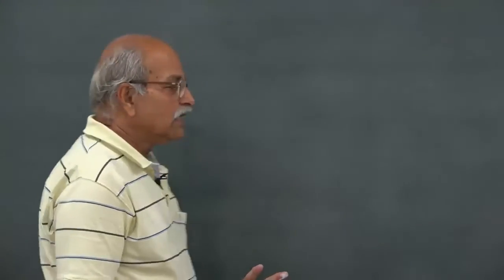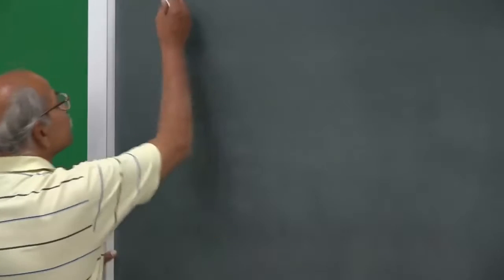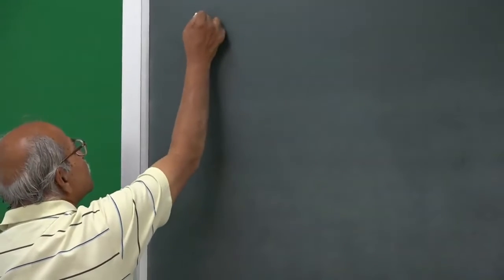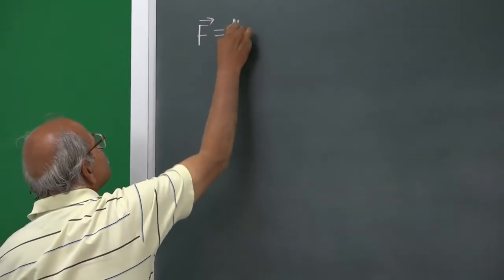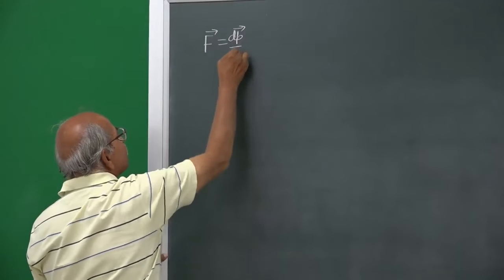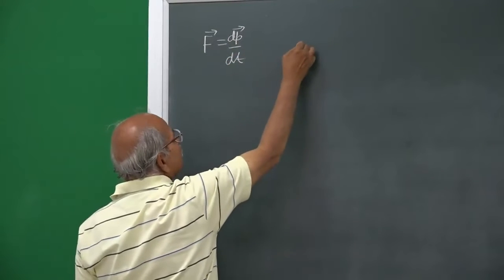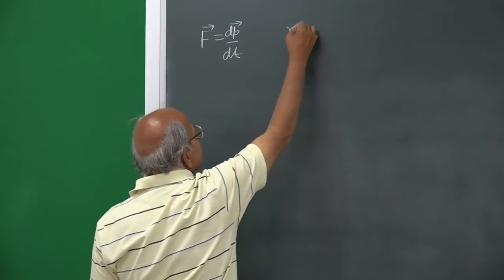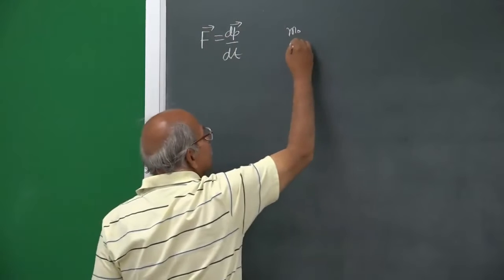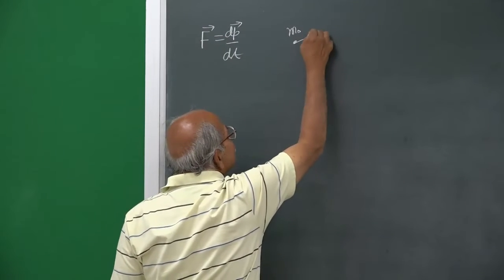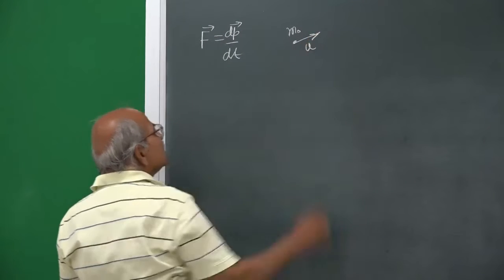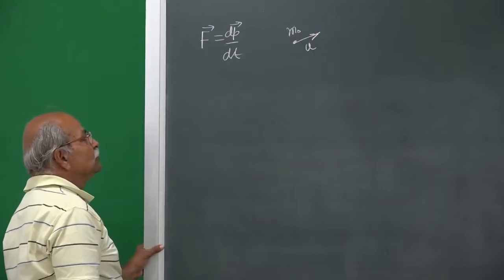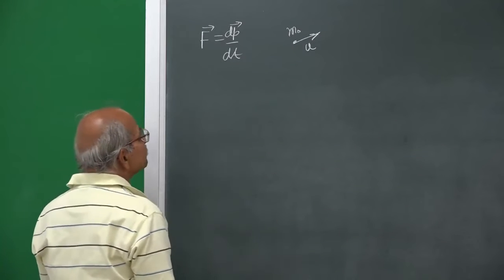So, I will again depend on F is equal to dP/dt. I am still thinking of a particle, I have a particle in mind, its rest mass will be some m naught, and at time t it will have some velocity, for which you can use the symbol u.